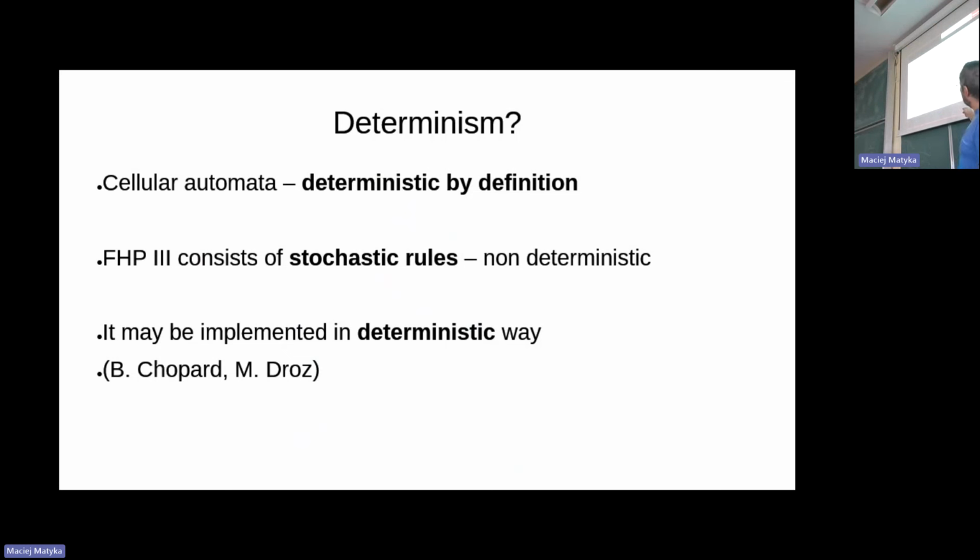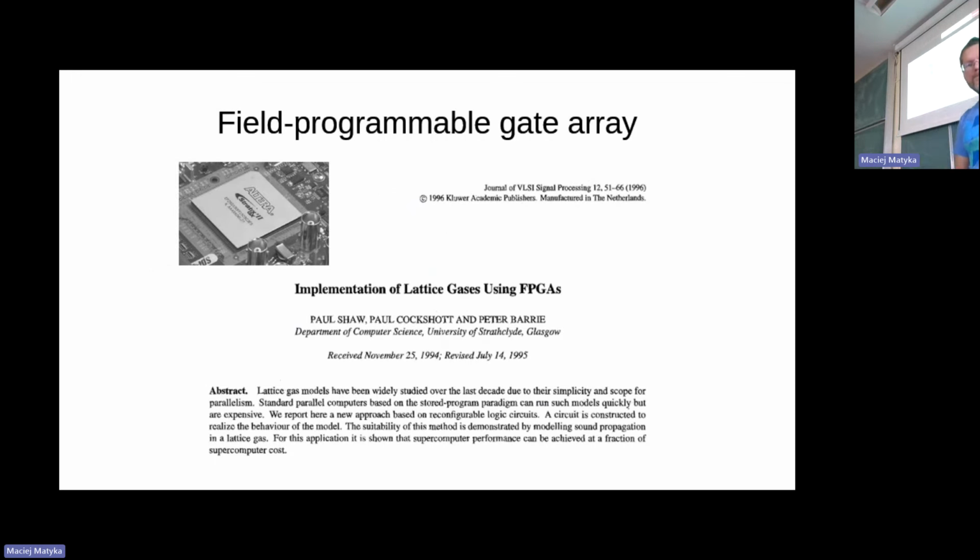So the cellular automata are deterministic by definition, but FHP goes a little bit beyond, because the collision rules kind of lead to non-deterministic behavior. That's what we see here. It can be implemented in a deterministic way, and there is again Chopard and Droz, which introduces the deterministic way of implementing the FHP model. But I will not go into that deep details of the modeling here.